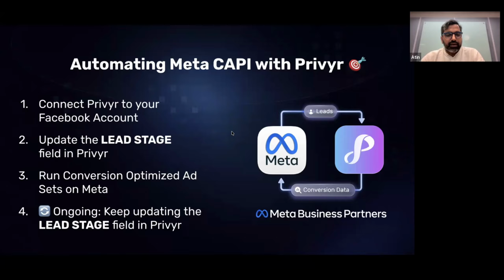Takes just a minor setting to change, and then we have to keep repeating the lead stage part on sales team level. So as soon as you move a prospect, just change the lead stage. That's the signal, and that's the quality signal we want to pass to Meta to keep getting more and more good leads.